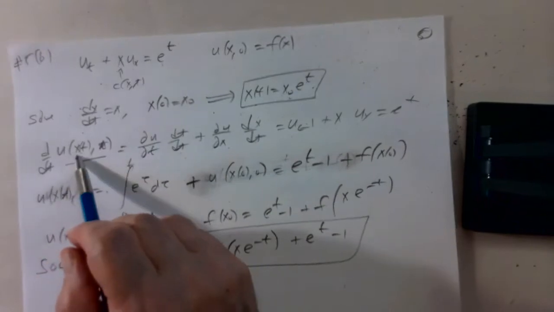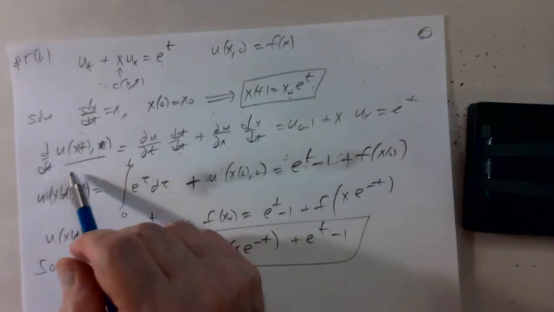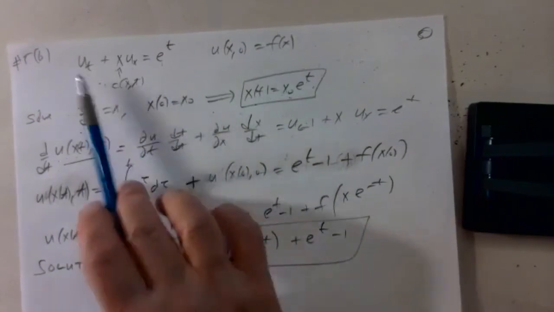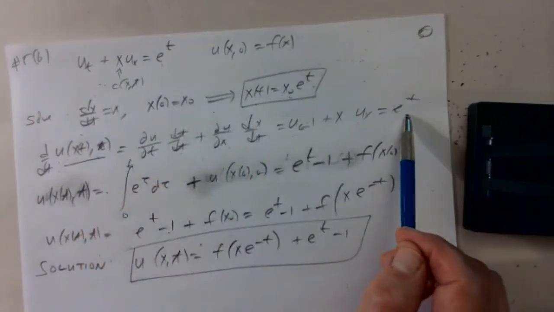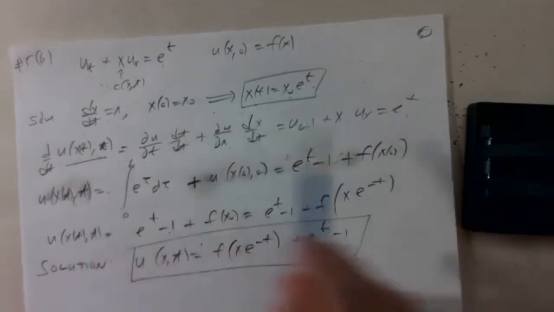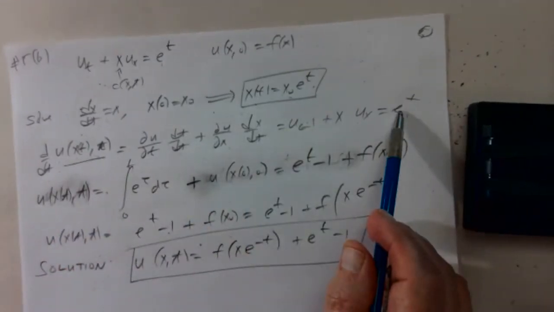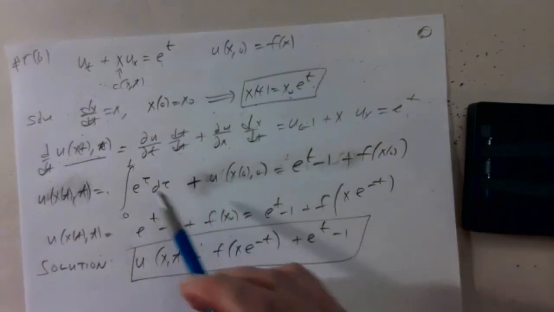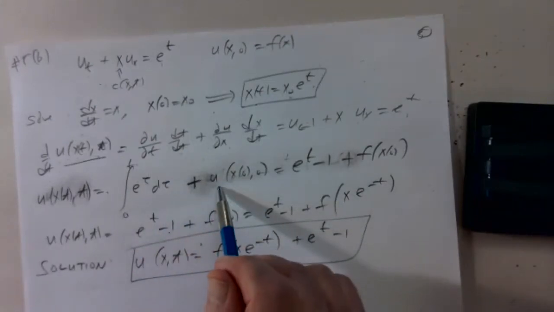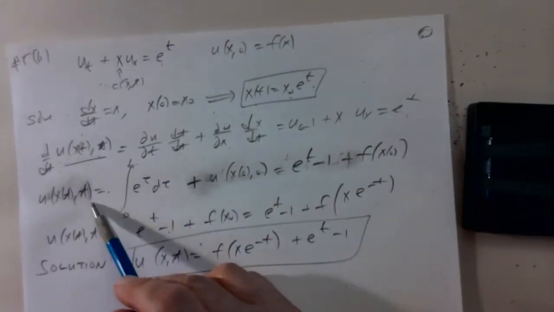So if you look at u of x of t comma t, and you differentiate with respect to t, you get this plus this, which is e to the t. So the derivative of this function is e to the t. By the fundamental theorem of calculus, the antiderivative is the integral from 0 to t plus the value of the function at 0.